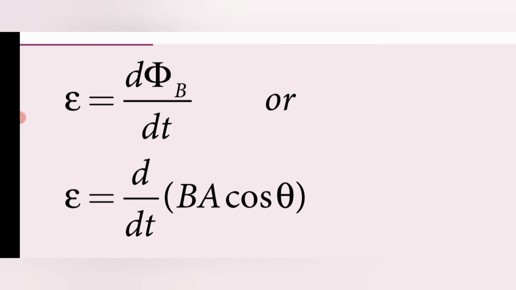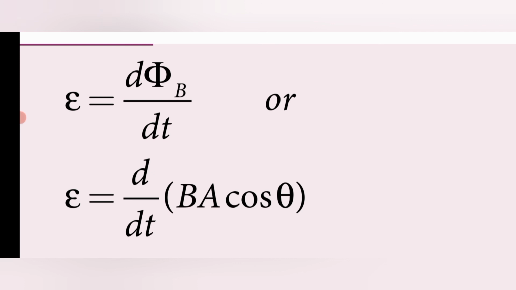Here B refers to the magnetic field, A refers to the area, and theta, that is cos theta, refers to the orientation of the coil. So the three parameters on which producing the induced EMF depends are these.